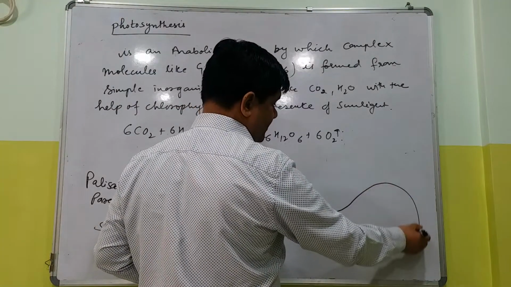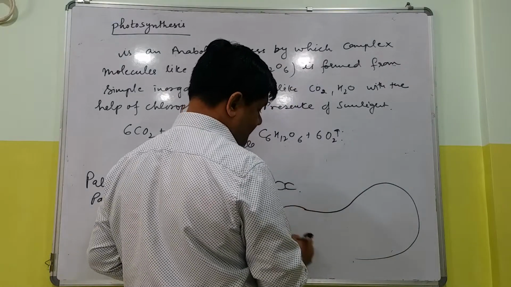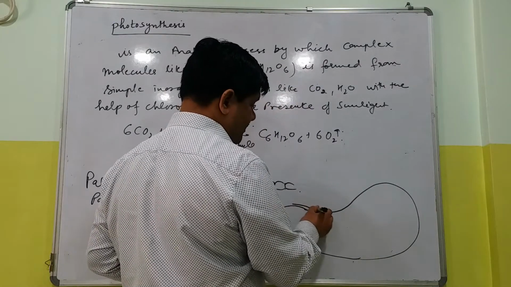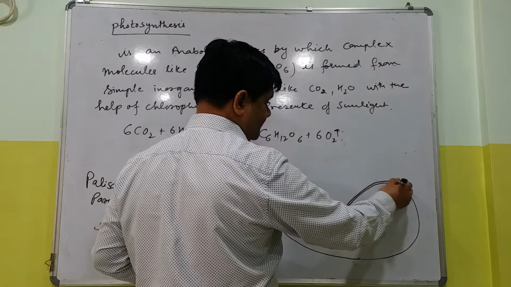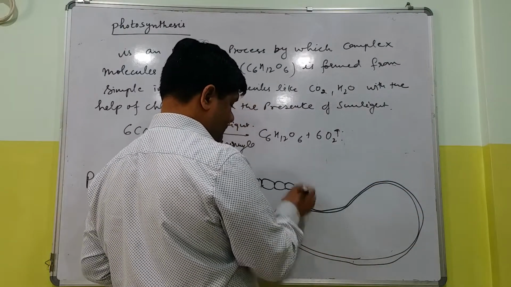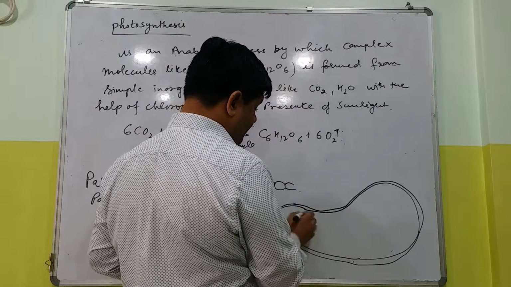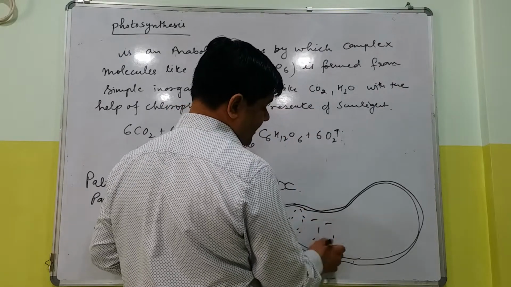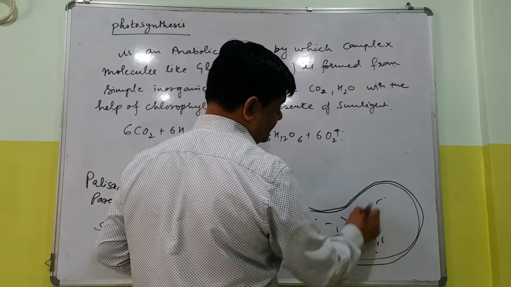They are double layer organelles present inside the green plants and blue-green algae. So they contain cytoplasm. Its cytoplasm is known as stroma.